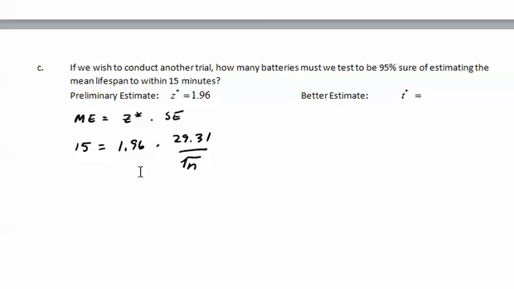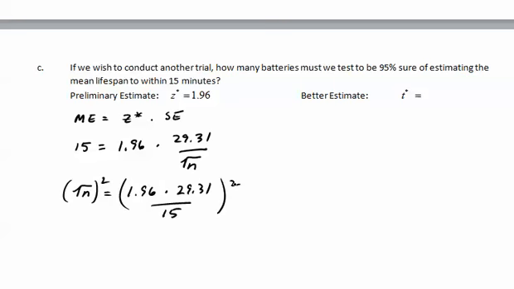Solving that, I multiply through by square root n, and then divide by the 15, so square root n is 1.96 times 29.31 divided by 15. Then I square each side, and when I round up I get an n of 15.